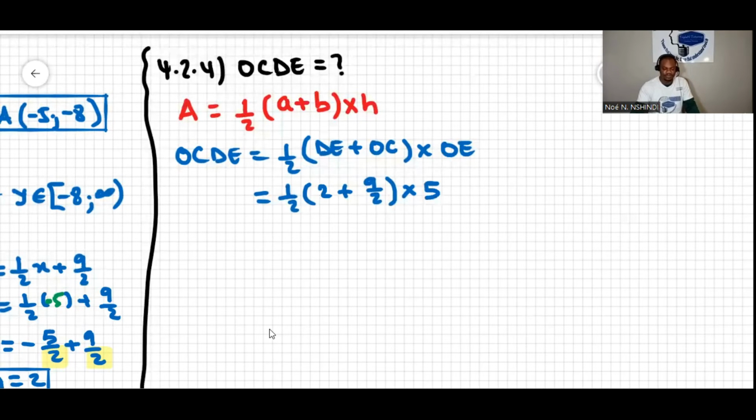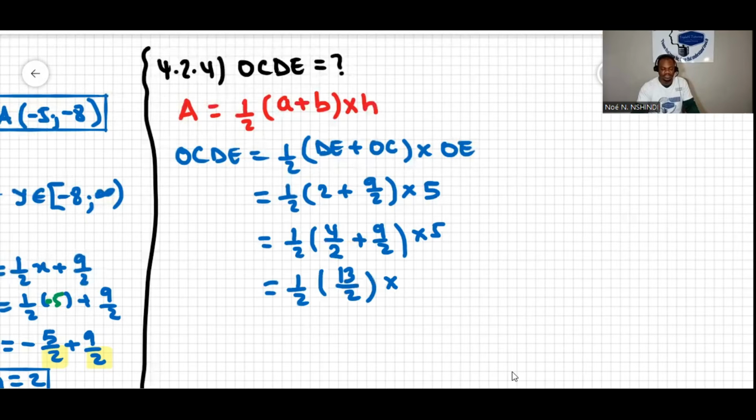So we have 1/2 open bracket, 2 is 4/2, so 4/2 is 2, plus 9/2 times 5, and this is equal to 1/2 times 13/2 times 5, and then 1 times 13 is 13. 13 times 5 is 65. All this makes 65/4 square units. So units squared, that's the area OCDE.